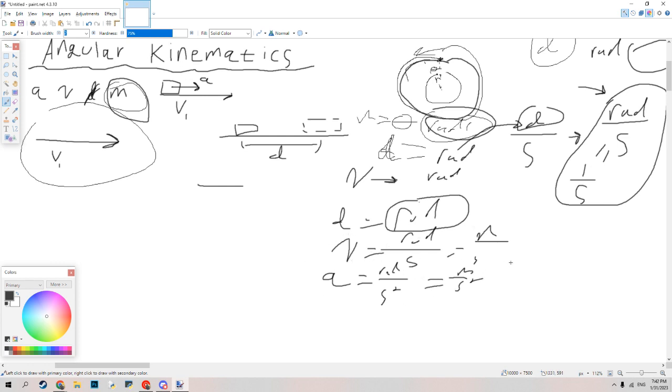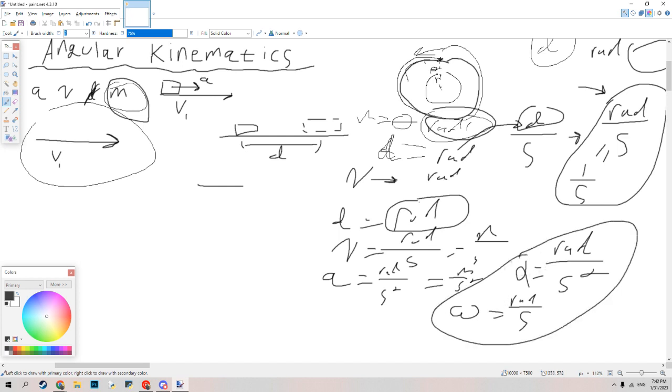Those names are alpha for acceleration, which is just radians over seconds squared, and omega for velocity, which is just radians over seconds. Again, nothing really new. We're just naming these things so we can refer to them easily.